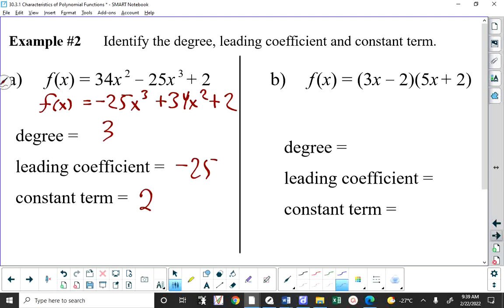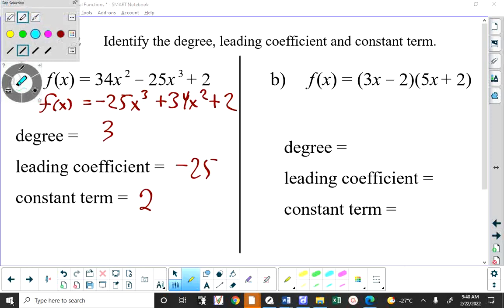Now, when you take a look at B, this is going to lead to a very important idea that we continually come back to in this unit. When you look at these 3 things, I want you to notice that they are always determined by the first term and the last term.